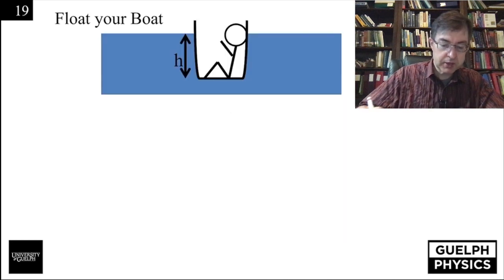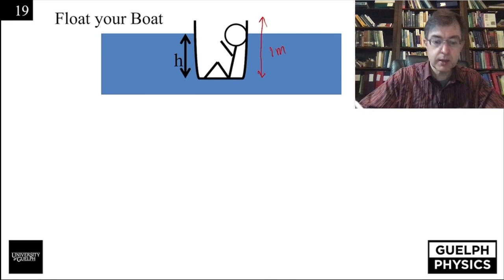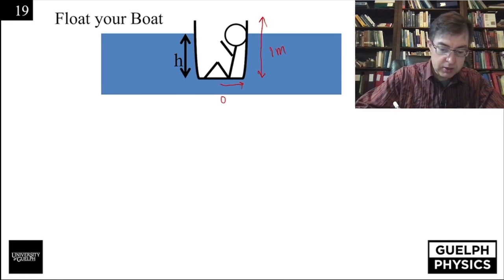All right, so let's put in some numbers here. I'll maybe put it in red. So this height here is a total of 1 meter, and the radius here is 0.25 meters. And let's see, you are 70 kilograms, and the barrel here has a mass of 40 kilograms.